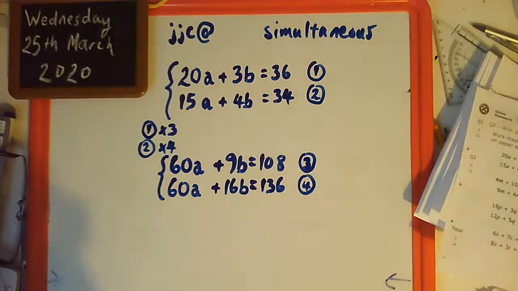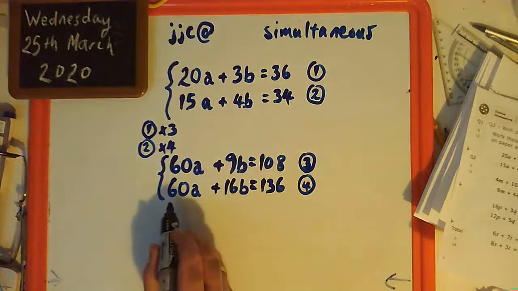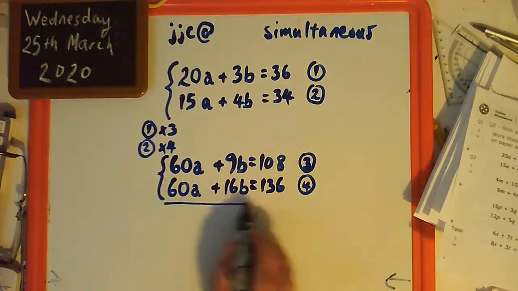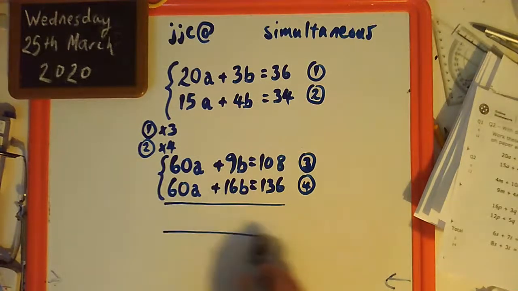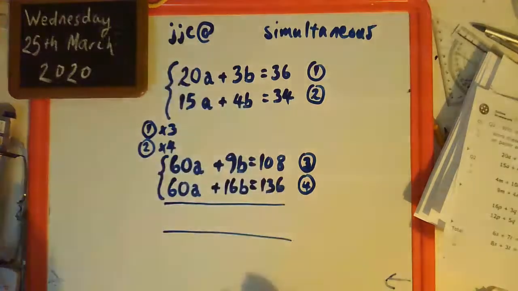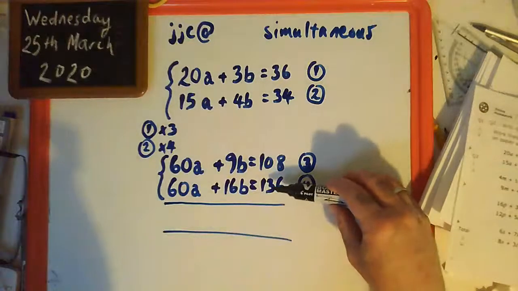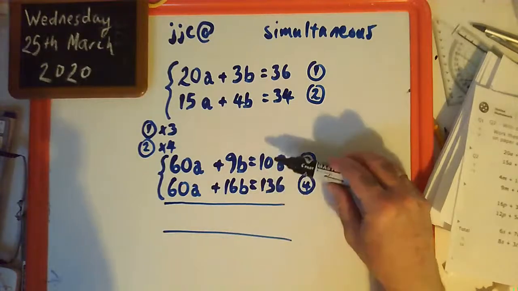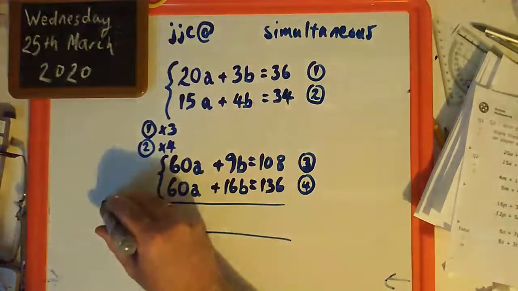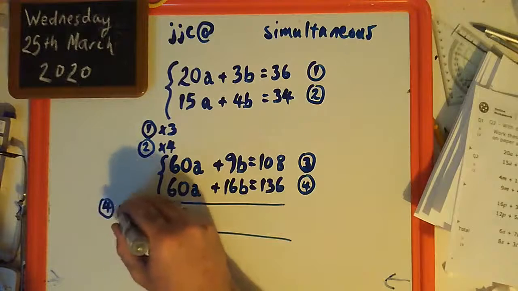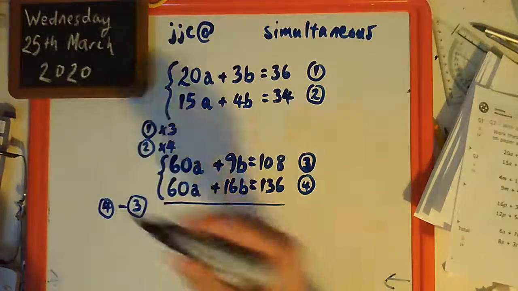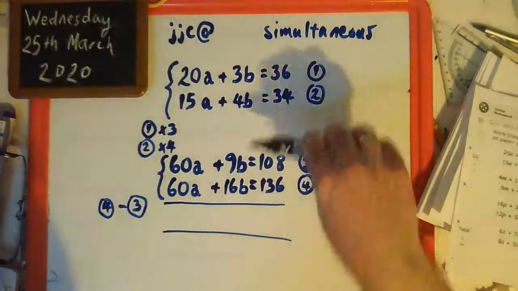And because they've both got the same amount of a in them, what I can do is subtract one whole equation from the other, and then the a's will disappear. So now, because the numbers on the bottom one are bigger than the ones on the top one, what I'm going to do is equation 4 minus equation 3. So bottom minus top.